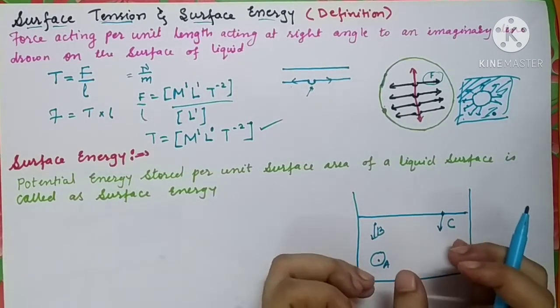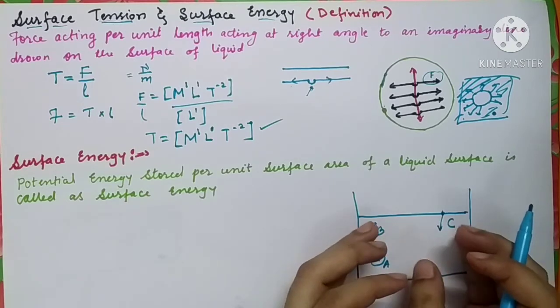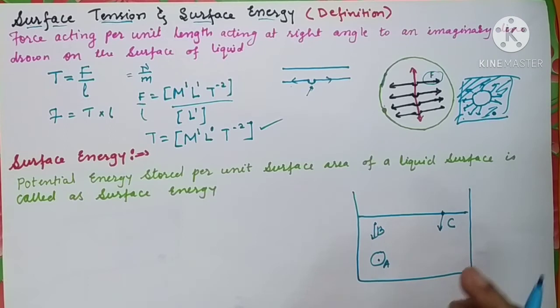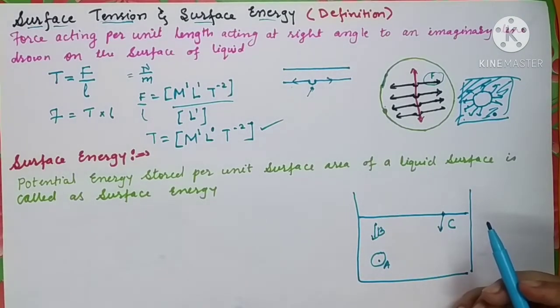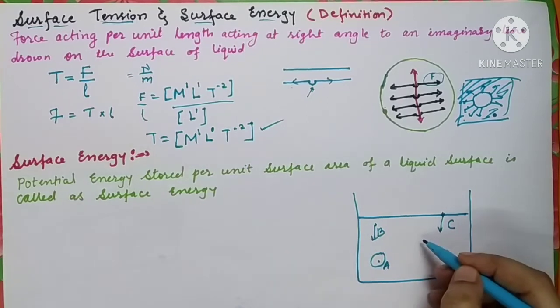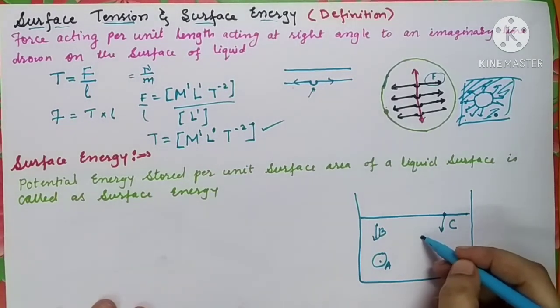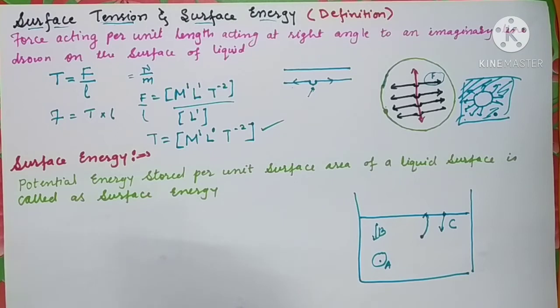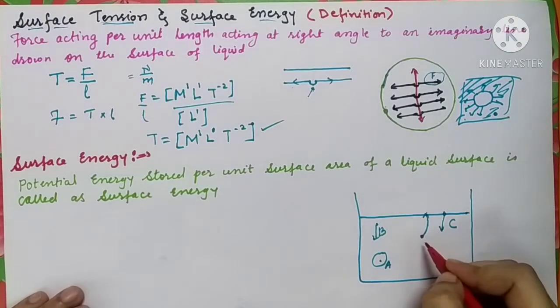The rest of the molecules of the water will try to pull this molecule within, so that the surface area decreases. So if you want to increase the surface area of a liquid, you'll have to bring some of the molecules from the interior of the liquid to the top surface. In order to do this, we will have to do certain work against the inward pull.